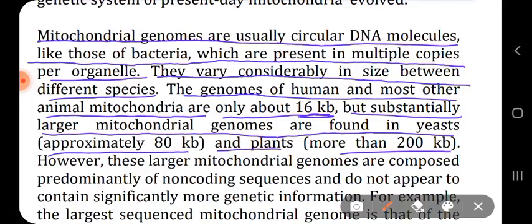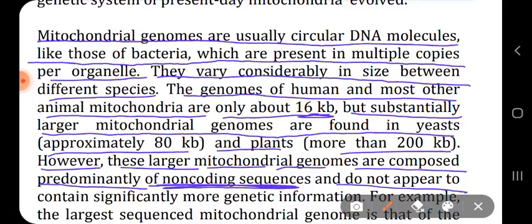But it does not mean that a larger genome encodes more proteins. It has been observed that large mitochondrial genomes are composed predominantly of non-coding sequence, which do not appear to contain significantly more genetic information.